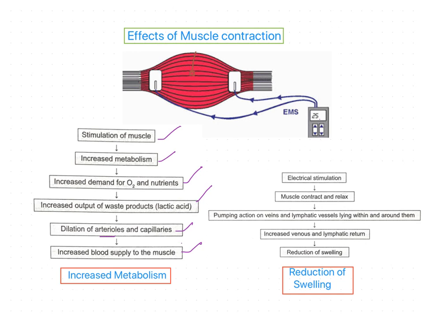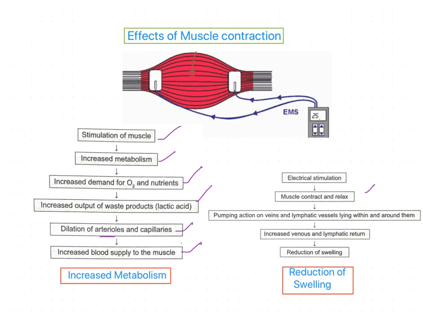So the stimulation of the muscle causes increased metabolism. What is the result of this stimulation finally? The muscle is going to contract and relax. So after electrical stimulation, the muscle is going to contract and release.